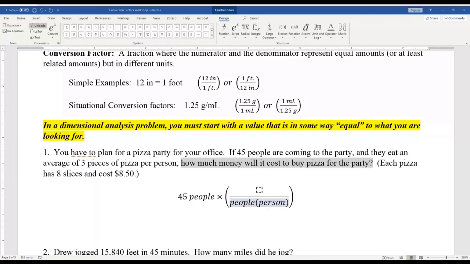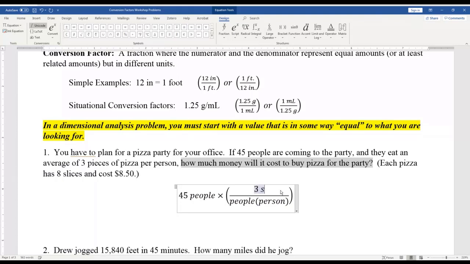Is there anything in this problem that relates to a person? You got it. 3 pieces of pizza per person. So that's what relates to person. So 3 slices of pizza for 1 person.